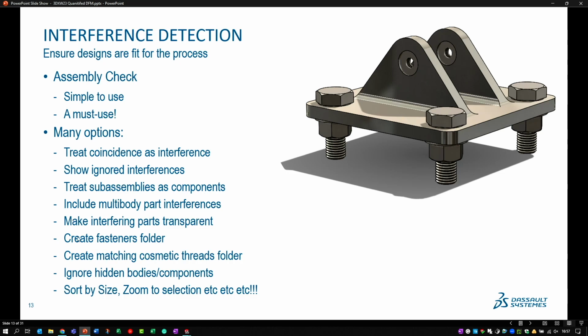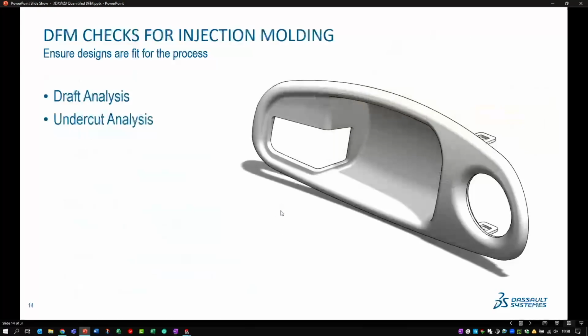Fasteners, you can say create a fasteners folder, and it'll ignore those because they're modeled nominally, as I said. It'll check cosmetic threads, ignore hidden stuff. And a recent thing, you can actually sort them by size. So the biggest interference you can actually show at the top of the list. That's another quite recent addition. But zoom selection is really powerful if you can't see where the interference is. So that one's a must-have if you're not using it.